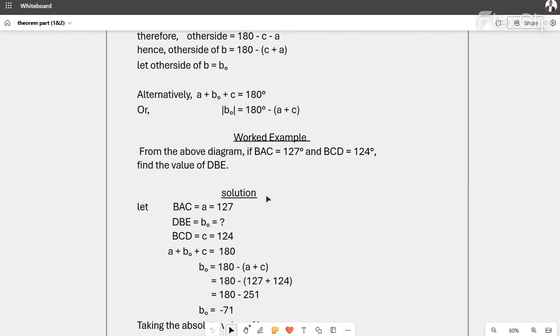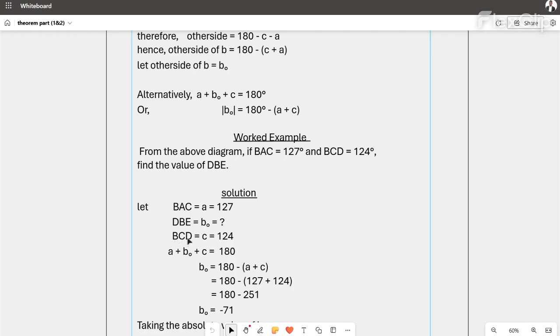So now for the solution, let's see how we can solve this. Let angle BAC equal A, which is equal to 127 degrees. Angle DBE, let's call it B naught, which is equal to unknown. That's the value we have to find.